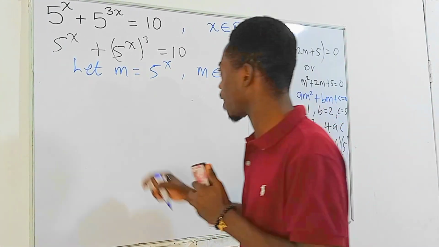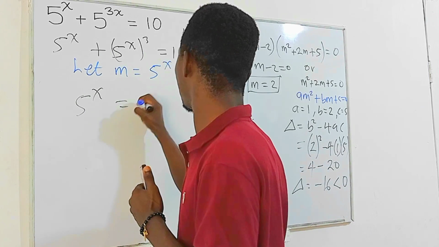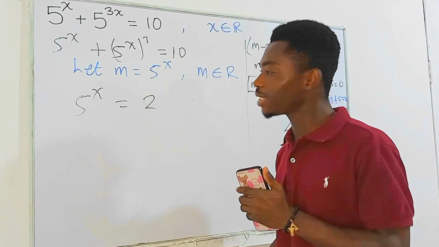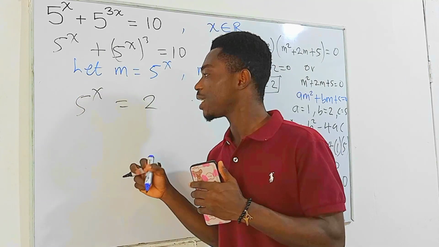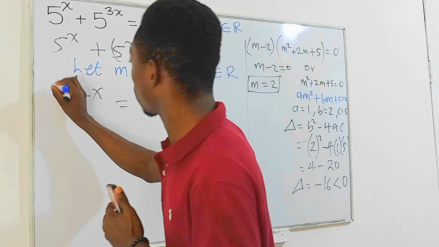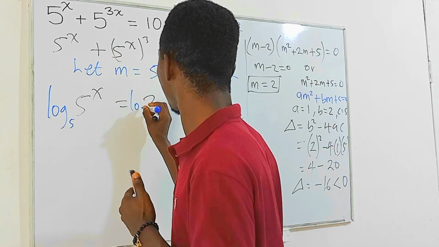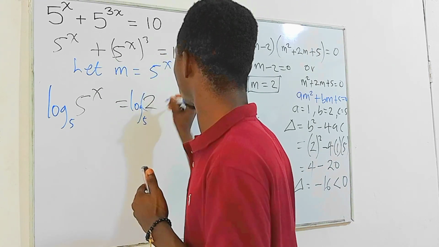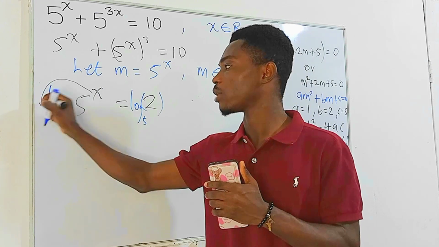So what I'll do is that I'll equate 5 to the power x is equal to m, which is now 2. And this time we can easily solve this simple exponential equation. Because we have the base right here to be 5, I'll also take log in base 5 on each side of the equation, so that right from here we can just move the power to the front.